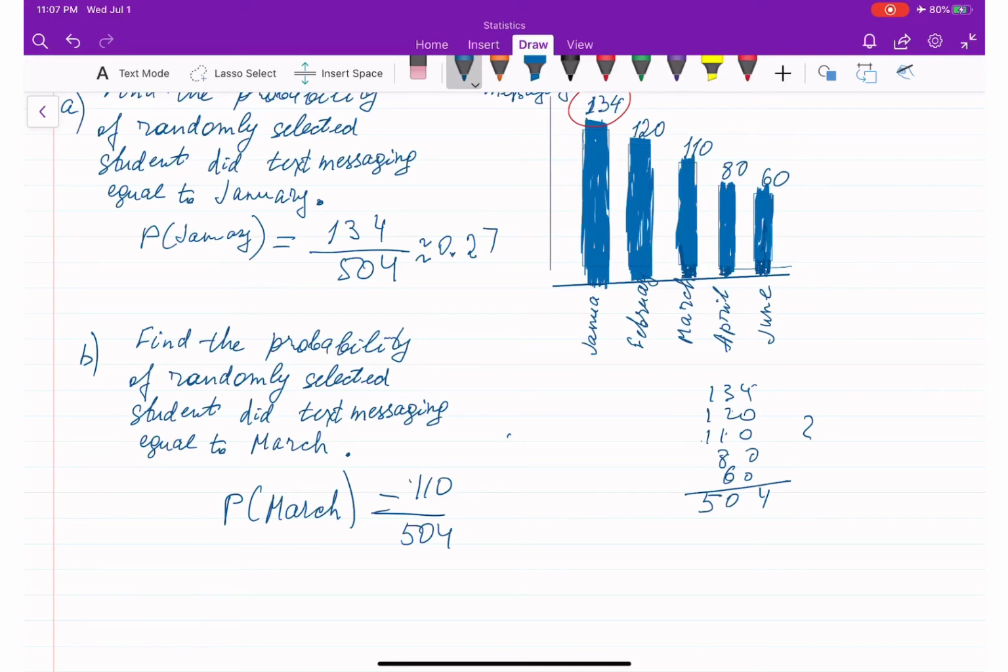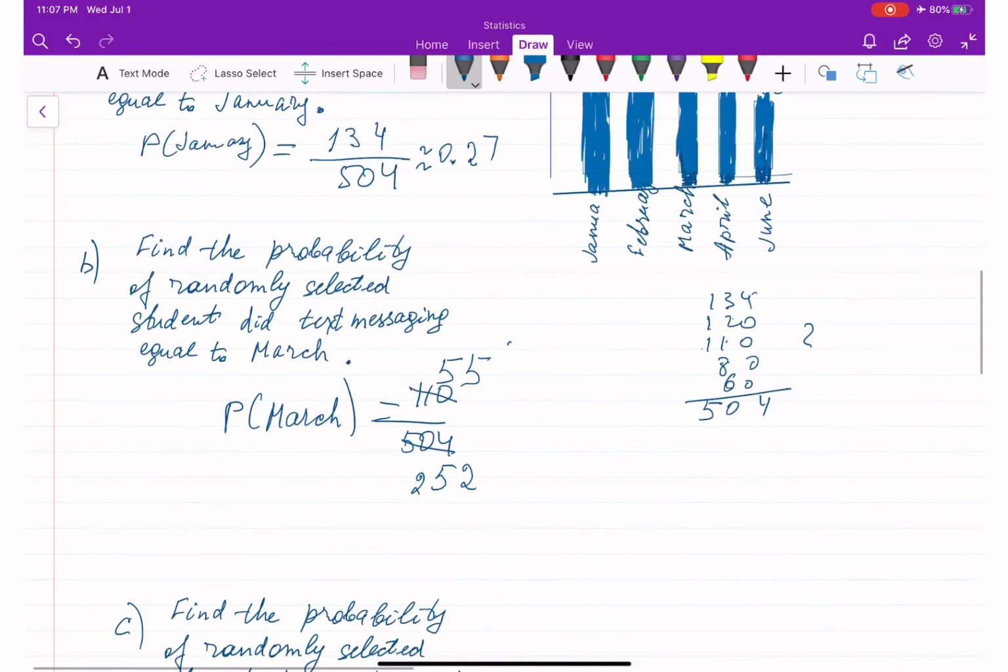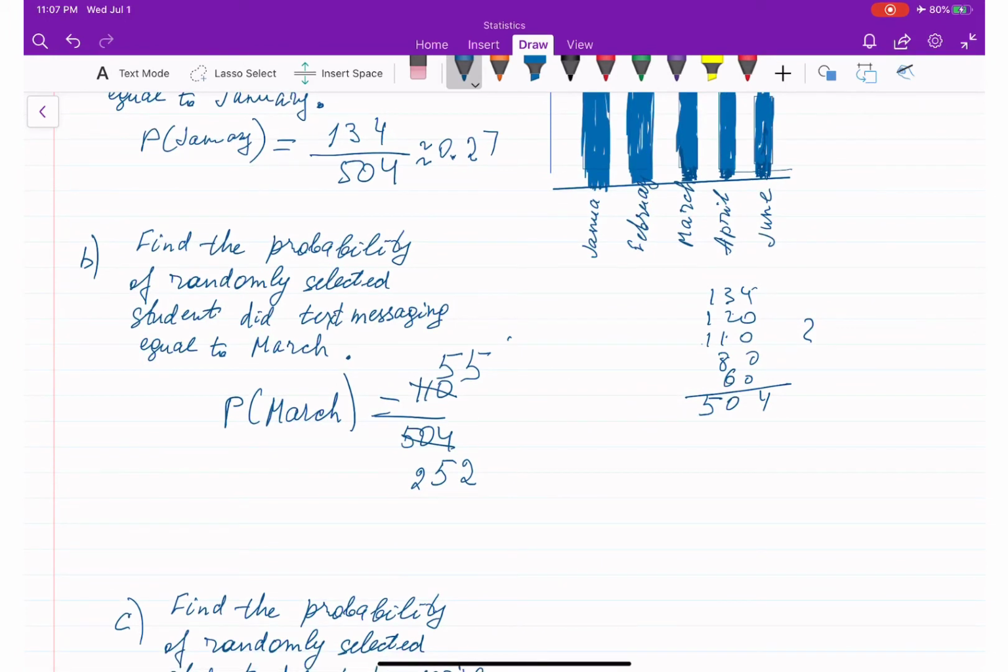By 2. Will be 55. Yes? By 2, it's going to be twice 4, 10 by 2, 5, and 252. Now we need 55 divided by 252, and that will be 0.22.